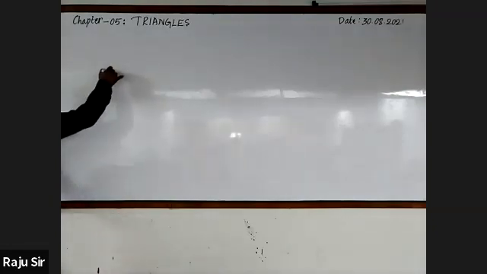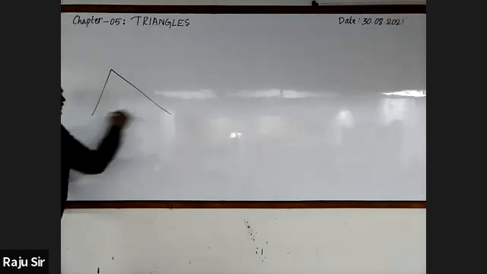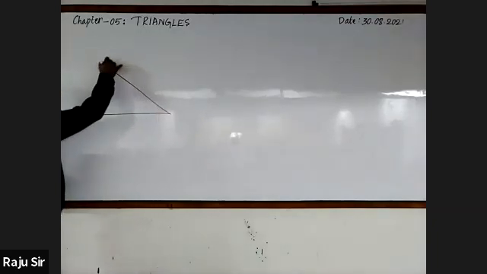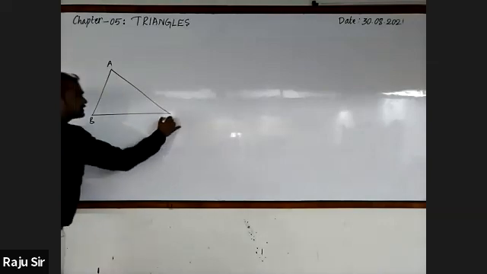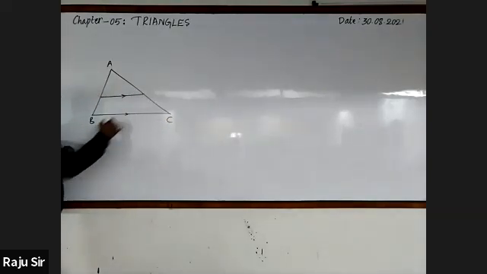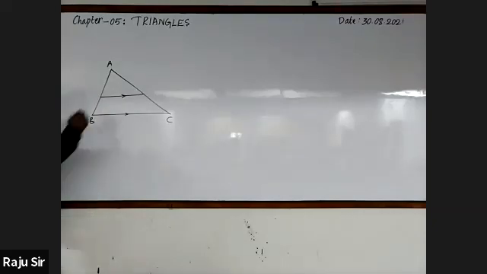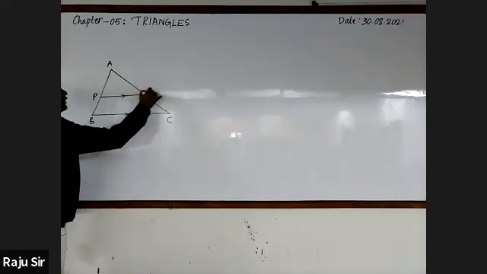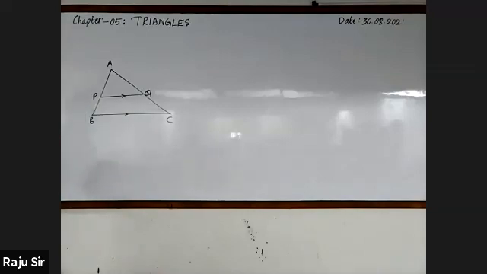Here that theorem is related to a triangle. Let me draw the triangle and name it ABC. Let us draw a line parallel to a side of triangle ABC. Call this line PQ, or XY, or whatever, any two letters other than ABC can be used.